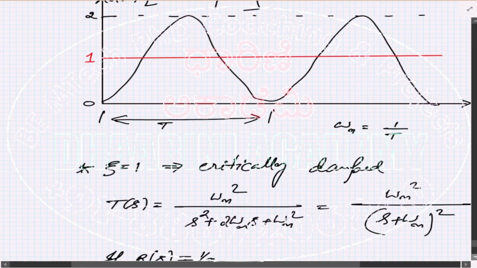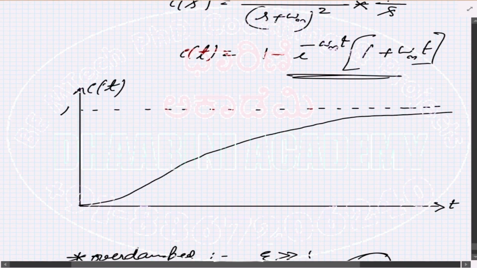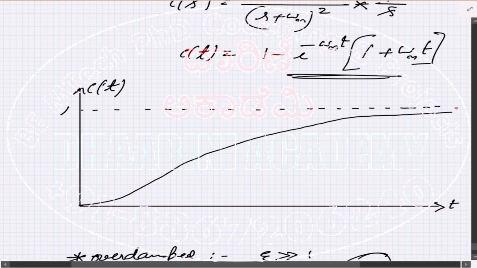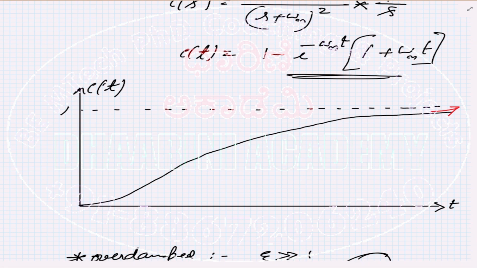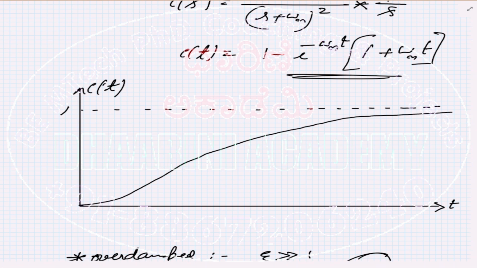Then let's go to the next case, right? This is the one which is zeta equal to 1, critically damped condition, right? Now anyway, I can see that this is going to reach 1 at some point, right? But what is that point? That point is only when t is equal to infinity. So it's something like you are designing a system. You give the input now, but to get a proper output, you have to wait for an infinitely long duration.